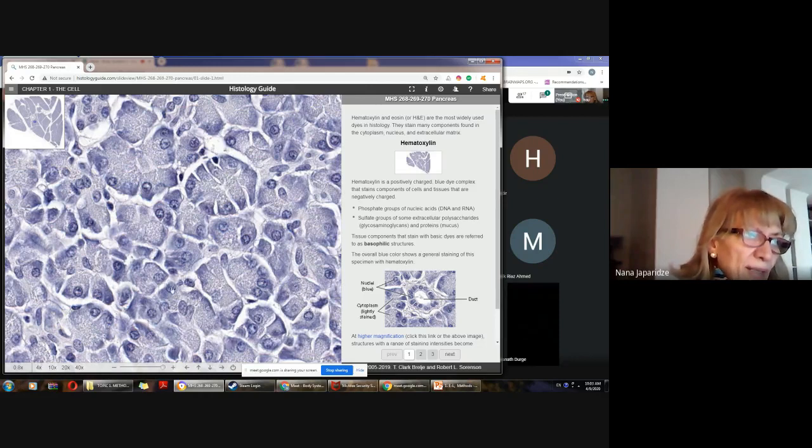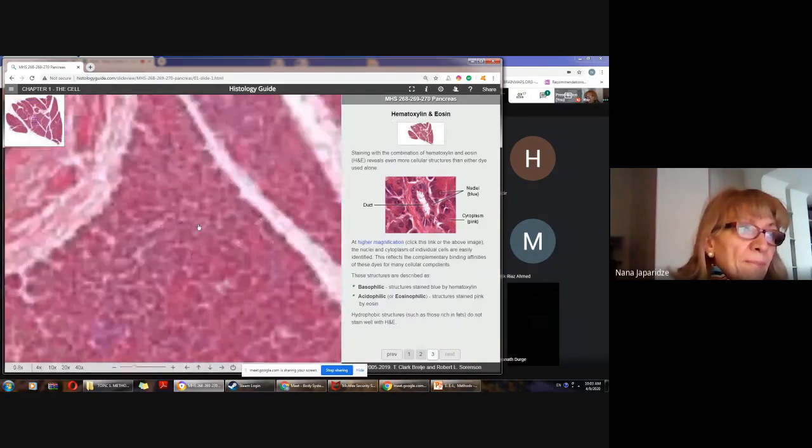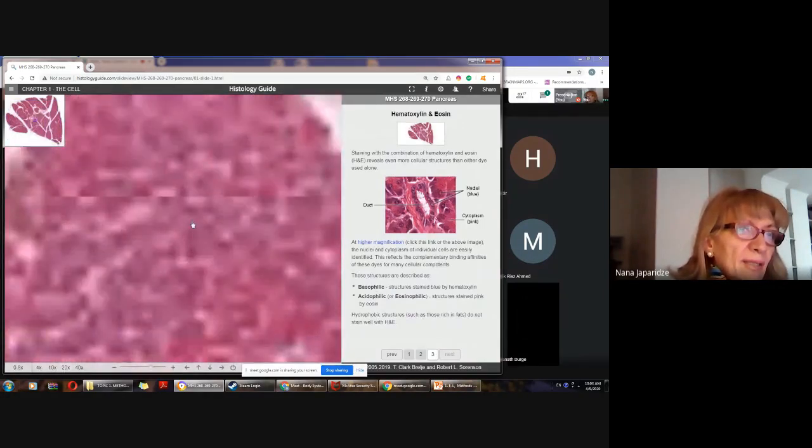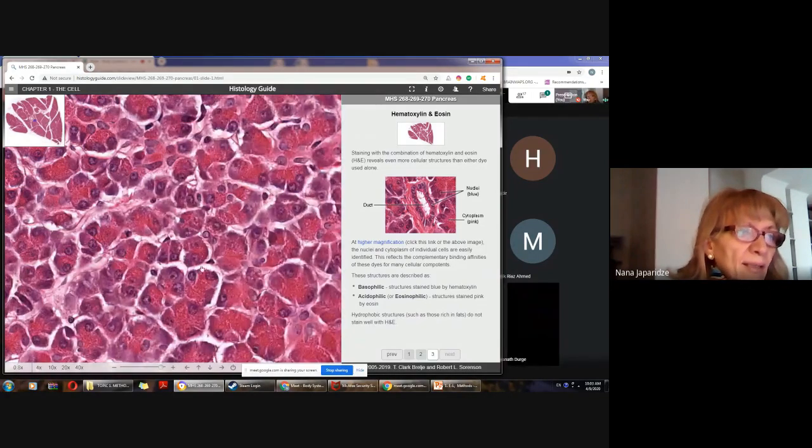Look, this one, that one, this one. Using basophilic staining or co-staining, you can see these round or oval quite dark stained profiles. So these are nuclei, okay?